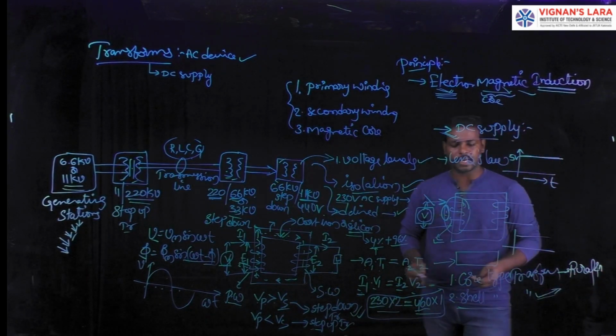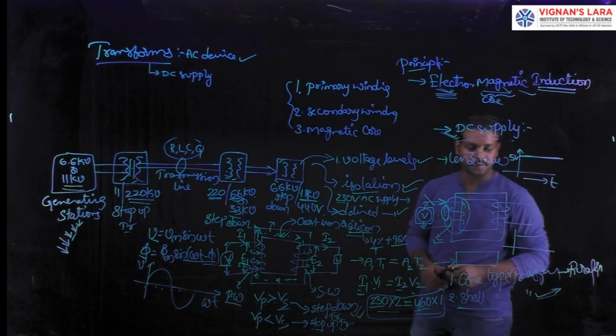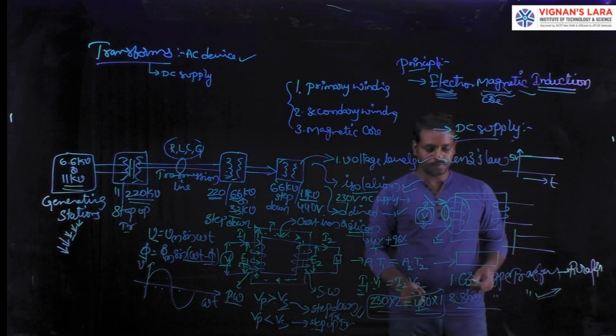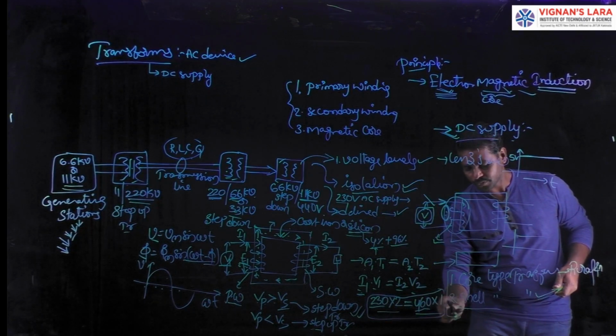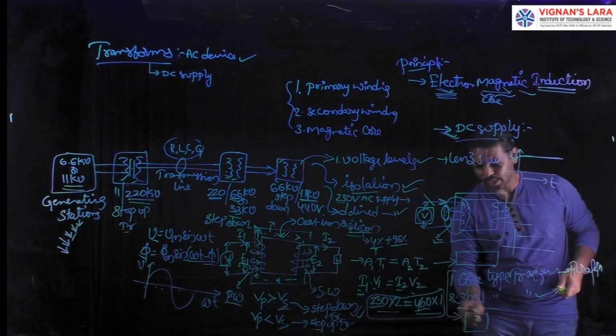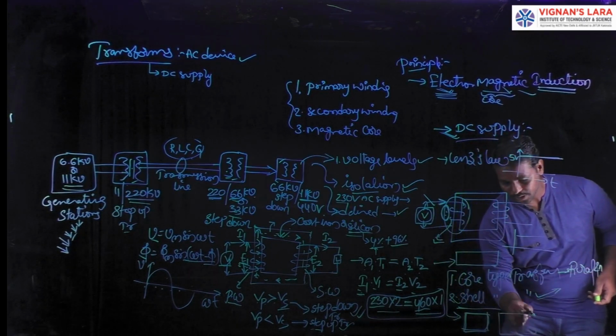First of all, what is the difference between these two? The core type transformer consists of two legs and two yokes. But in the case of a shell type, we use it like this.